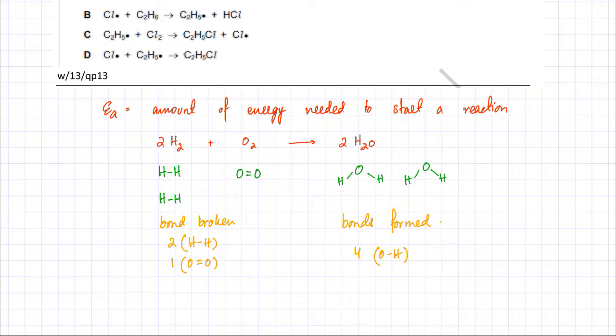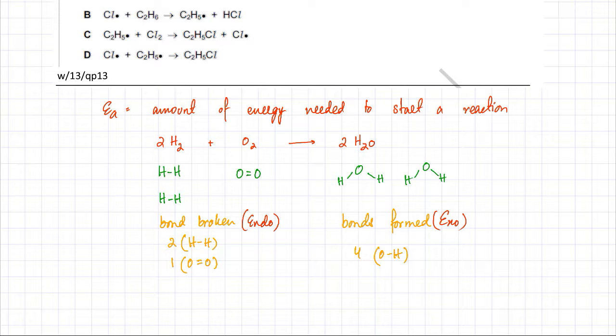So in a reaction, the first step usually involves the breaking of bonds, and once those bonds are broken and the atoms are free, they form new bonds. This first step is endothermic, and the second step, the formation of new bonds, is exothermic.